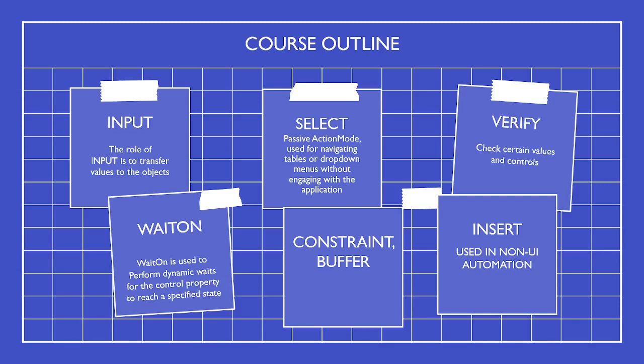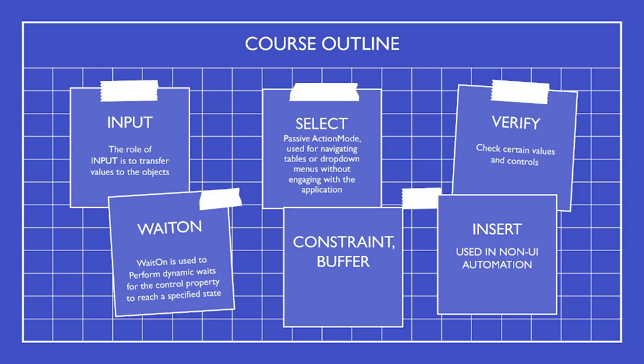Now if we come to select, select is a passive action mode. Why am I saying that? The role of select is passive because it is not actively participating in selecting any values for the object. It has a role where it reaches a particular point from where it helps other action modes perform their work.